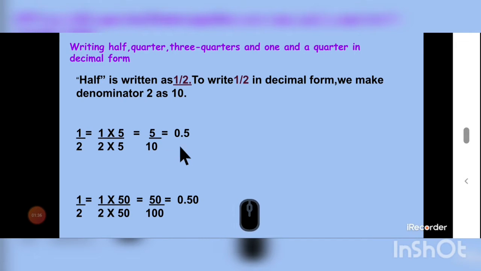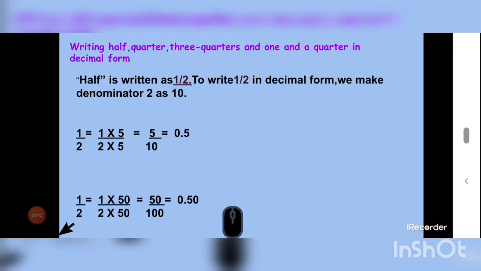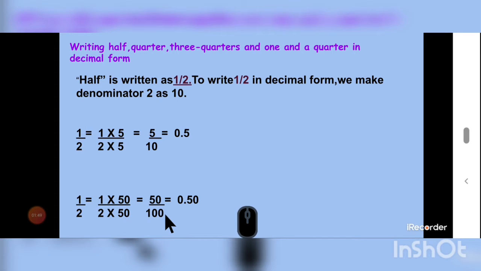Now how will you write 5 upon 10 in decimal form? 0.5. You can solve this in another way also. If you want to make the denominator 100, you will multiply numerator and denominator by 50. So 50 upon 100 we get 0.50.